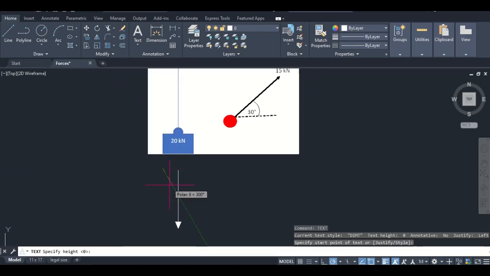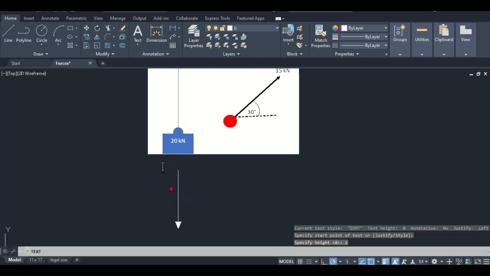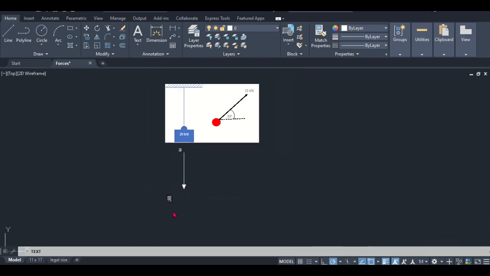Could have named it AB, and my height will be 2, rotation 0. Remember, it's a common letter because this is a vector line. And then I indicate my scale. And I said 1 millimeter to 1 kilonewton. And that would be my scale for this one.